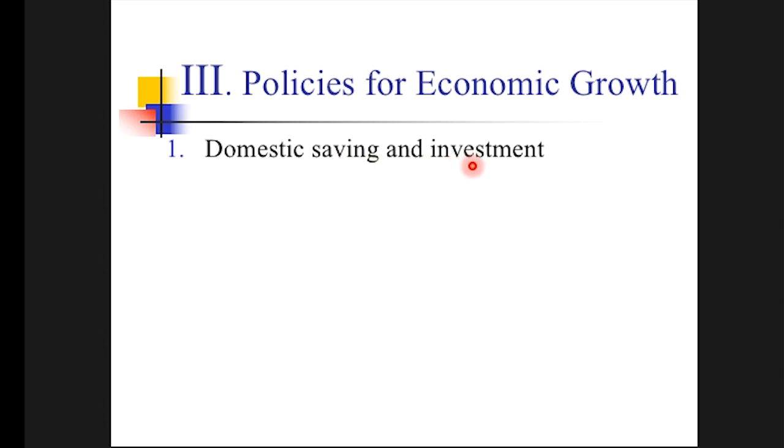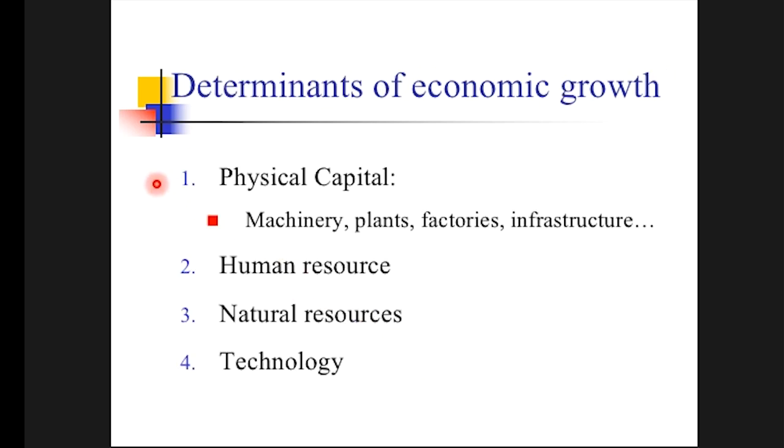From the previous lecture, we understand that when we have domestic saving and investment, this investment is the purchase of capital goods. It means that firms will buy more machines or build more factories. So it will lead to higher physical capital, the first determinant of growth.